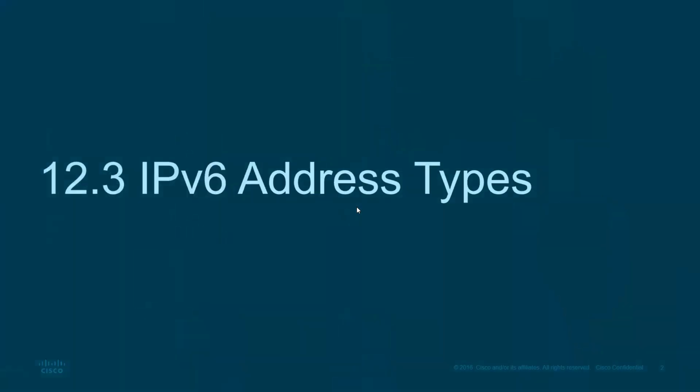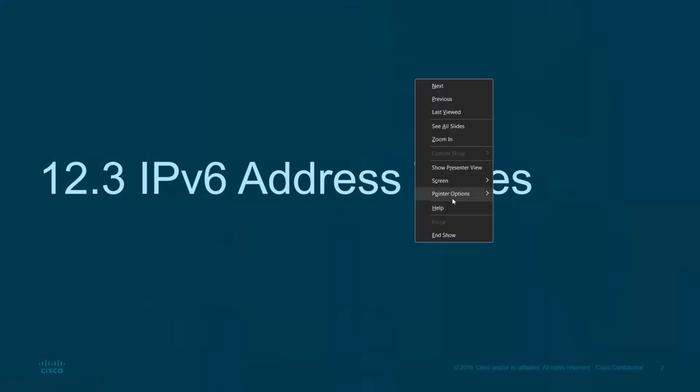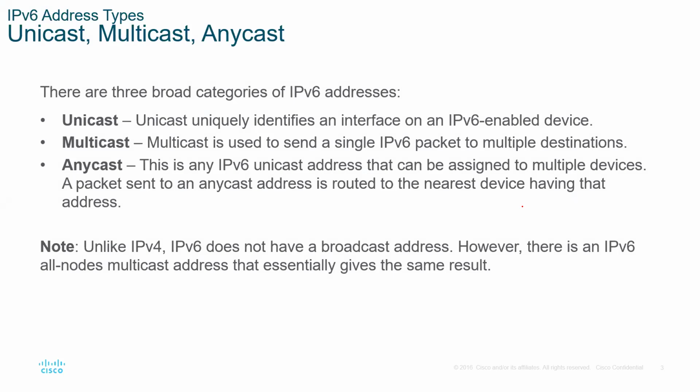Today we are going to be continuing from where we stopped, and we'll be looking at IP version 6 address types. If you remember yesterday in the class, we saw that we have different types of packets, where we have unicast, multicast, and broadcast addresses, and that is for IP version 4.